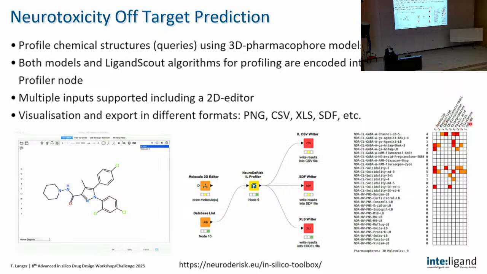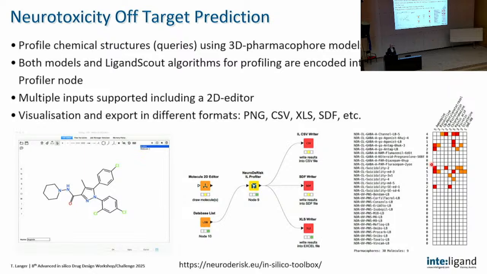For instance, this molecule on the far right only hits one model, and it's only orange, so it's less pronounced. Whereas this first molecule hits 5 targets with a very strong signal. So this would not be a molecule that I would continue to look at. But you can get an idea.